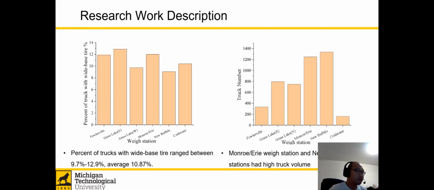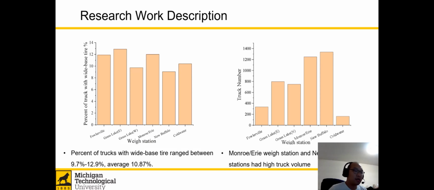The picture on the left shows that the total percentage of trucks with wide base tires is about 9.7% to 12.9%. The average value is about 10.87%. And the right shows the daily truck numbers.